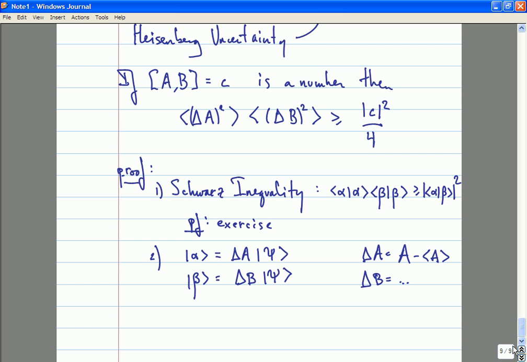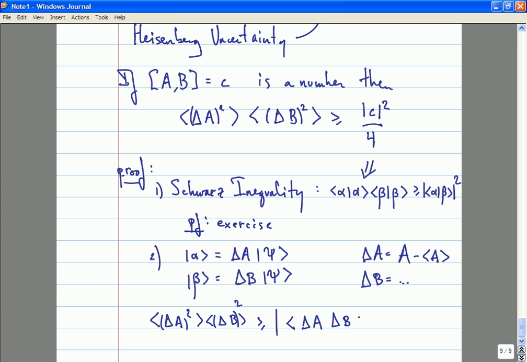Well, we get that delta A squared, the variance of A, times the variance of B, so just writing down the left-hand side of this equation, is greater than or equal to the absolute value squared of the expectation value of the operator delta A times delta B. Right?